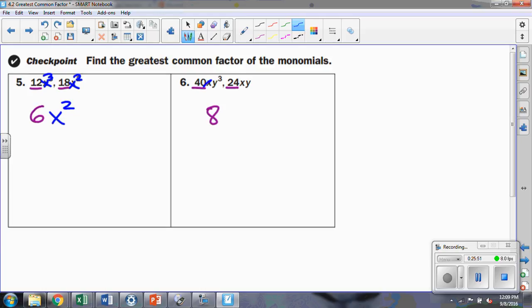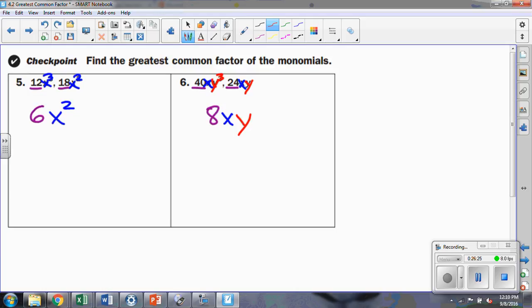Looking at the x's, what is the smaller exponent? 1. They're both an unwritten 1. So we've got an x in common. Then we'll look at the y variables, where we have y cubed and y. What is the smaller exponent? 1. And so we take the smaller exponent. That's our greatest common factor. We're done.